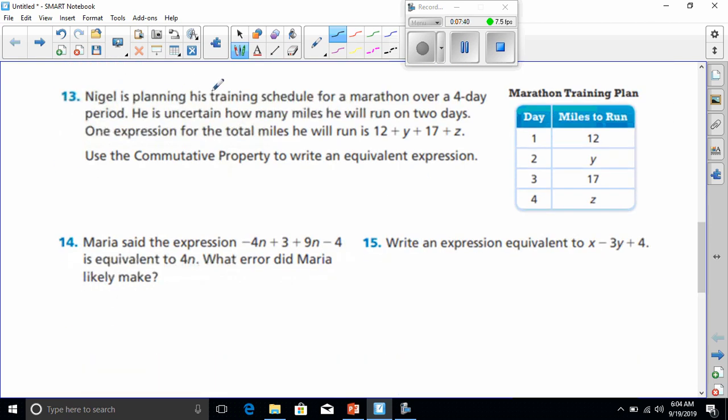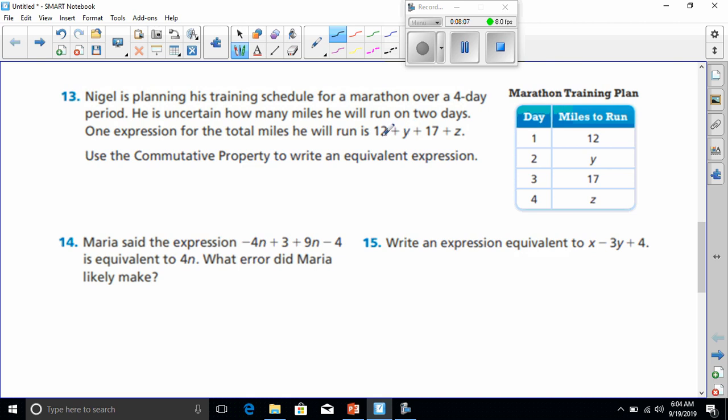Nigel is planning his training schedule for a marathon over a 4-day period. He is uncertain how many miles he will run on 2 days. One expression for the total miles he will run is 12 plus y plus 17 plus z. Use commutative properties to write an equivalent expression. Well, we're adding all across here.